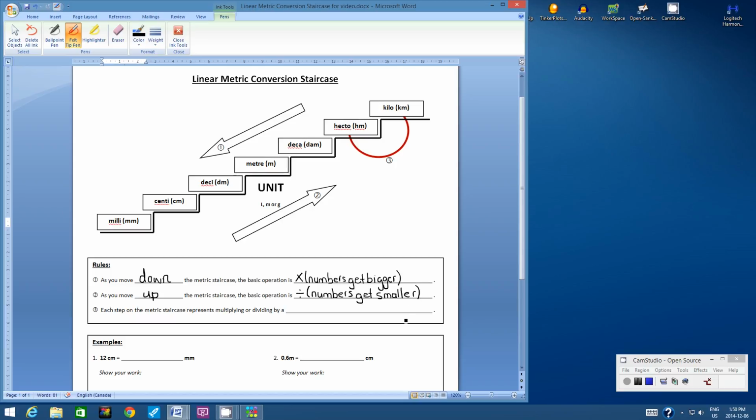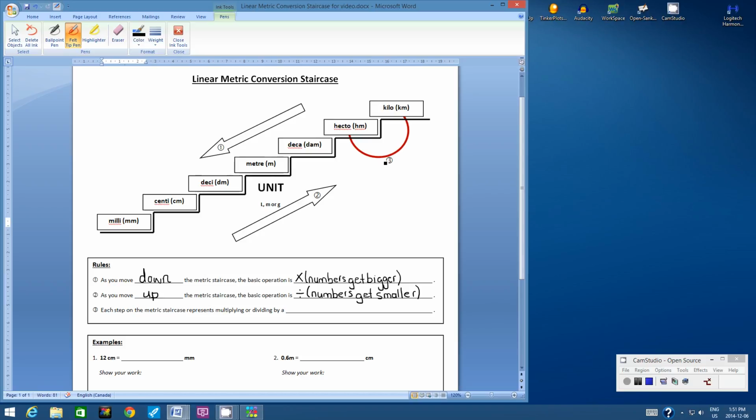And that makes sense too, because if I gave you a number in meters and asked you to convert it to a number in kilometers, we would move up the metric staircase and the number of kilometers would be a much smaller number than the number in meters.